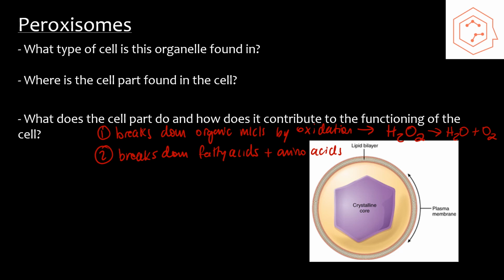So these can be reused. The cell part is made up of a single membrane with a single crystalloid enzyme core. This is called a crystalline core. It has an enzyme function.